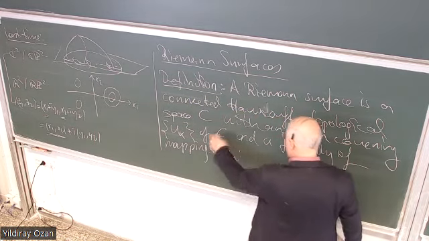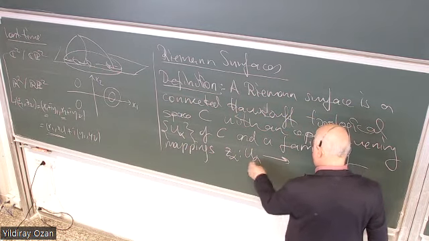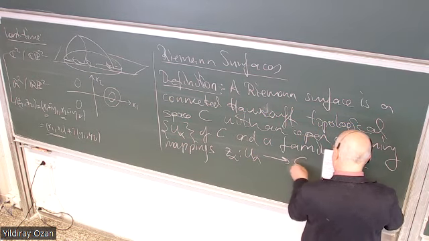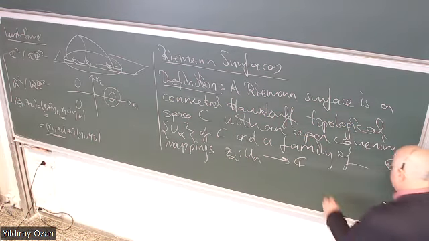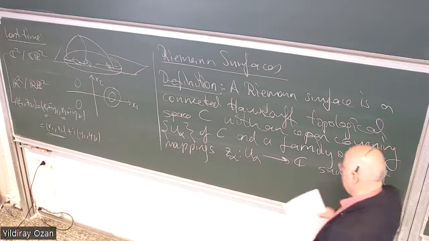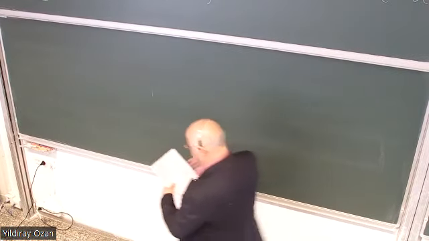So for each open set of C, we have a mapping from this open set into the complex line such that the following conditions are satisfied.